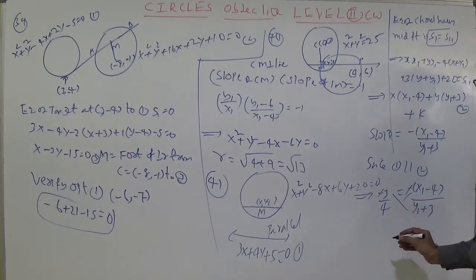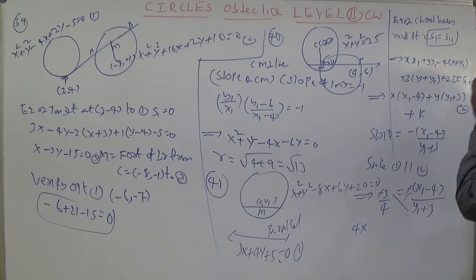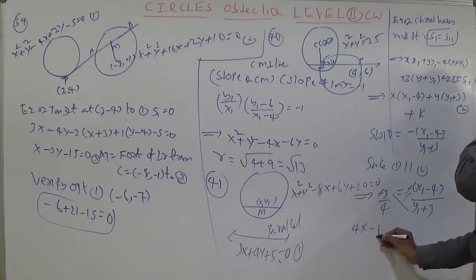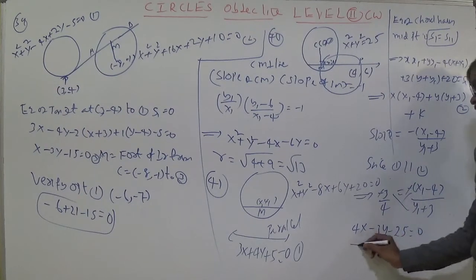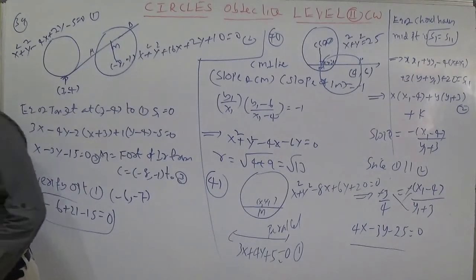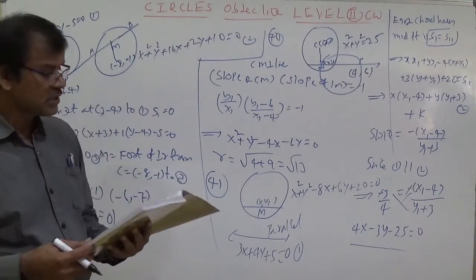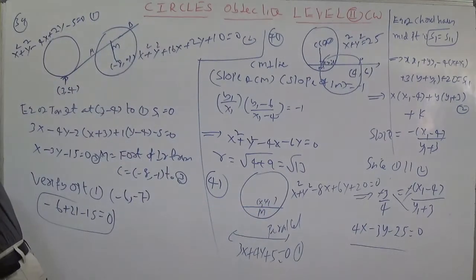You can write here 4x minus 16 minus 3y minus 9. So you can write 4x minus 3y minus 25 equal to 0 is the equation of locus. It is nothing but a straight line. It is the third option. Now 42nd question.